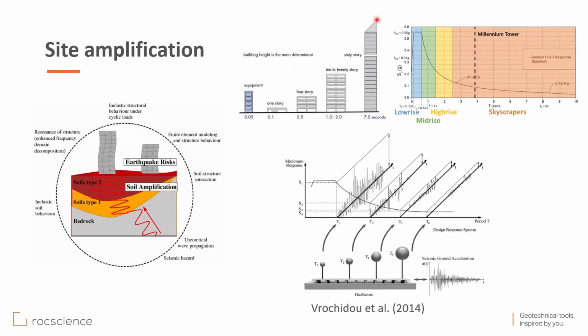You have to imagine that, for example, the measuring tools, the seismometers, are at the top of the buildings, and you will have different time series for different buildings, and of course with different frequencies.